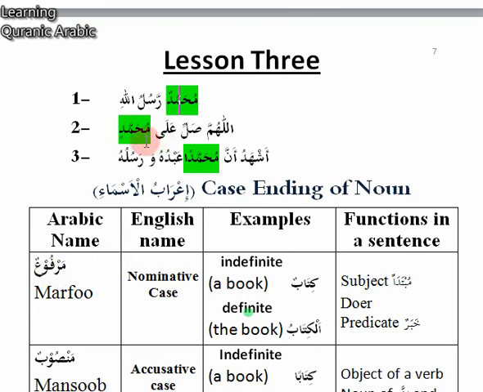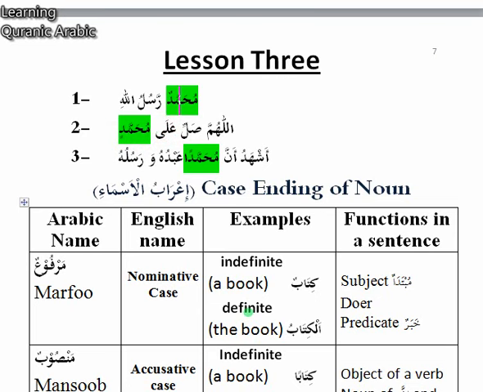Now, here in another sentence, Ala Muhammadin. Allahumma salli ala Muhammadin. Allahumma means, oh God, oh Allah. Salli, send your blessing. Ala means on Muhammadin. This ala is what? Preposition.